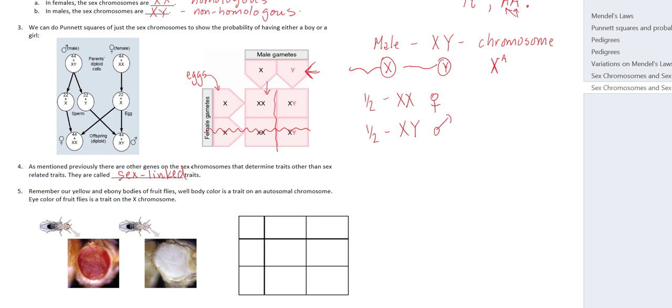Okay, so let's have a look back at our fruit flies. We talked about other questions before involving the color of the body of the fruit fly being ebony or yellow. Another trait in fruit flies is the color of their eyes. Maybe you've seen this: you leave a pile of fruit in a bowl over several days, and all of a sudden there are fruit flies there.